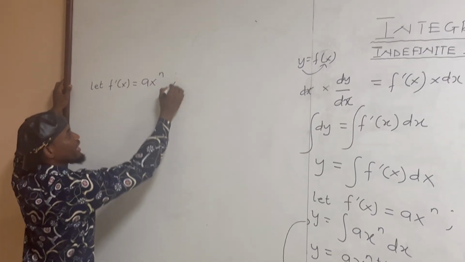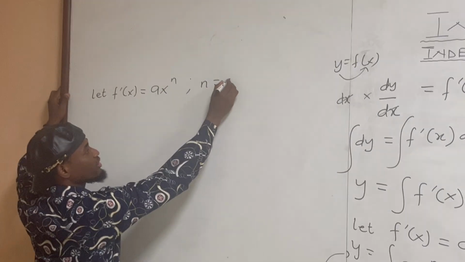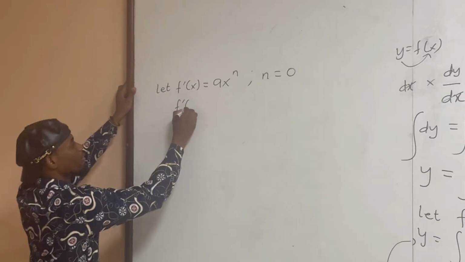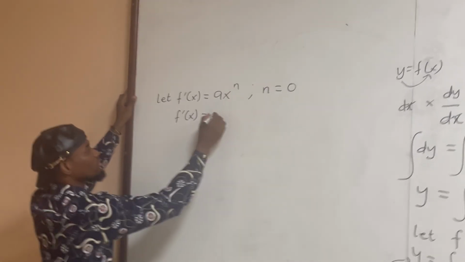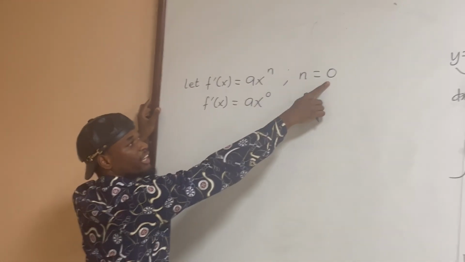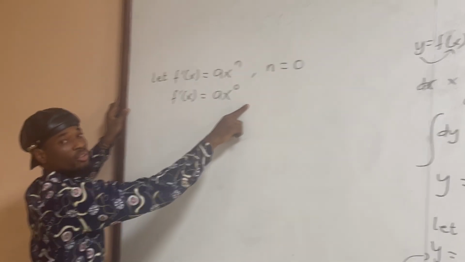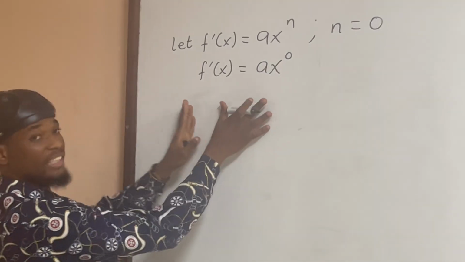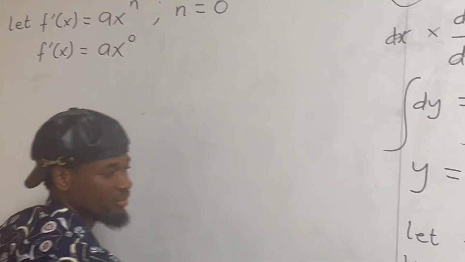But this time around we said n is equal to 0. Is that not so? So if that's the case, then f prime of x is equal to a x to the power 0, because n goes to 0.